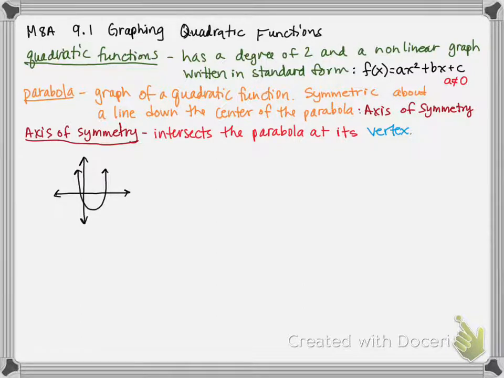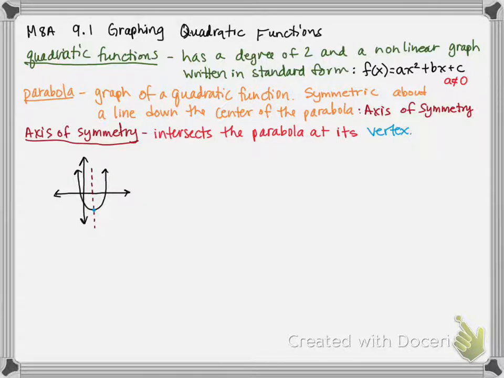It would be right here, and it's through that vertex that the line of symmetry goes through. And if you fold along that line of axis of symmetry, the two sides of the parabola would meet each other.